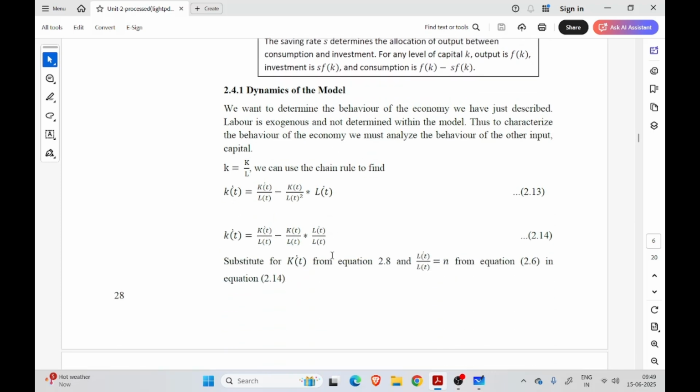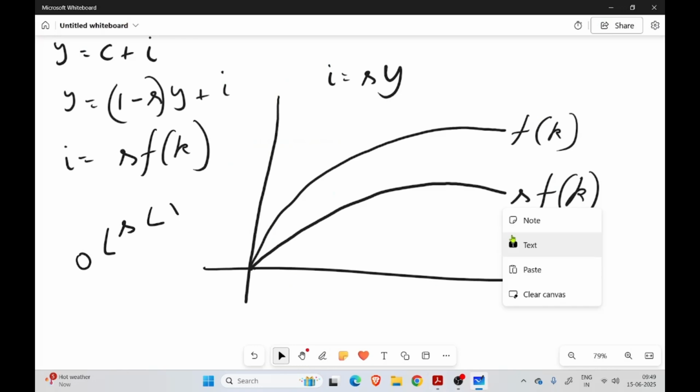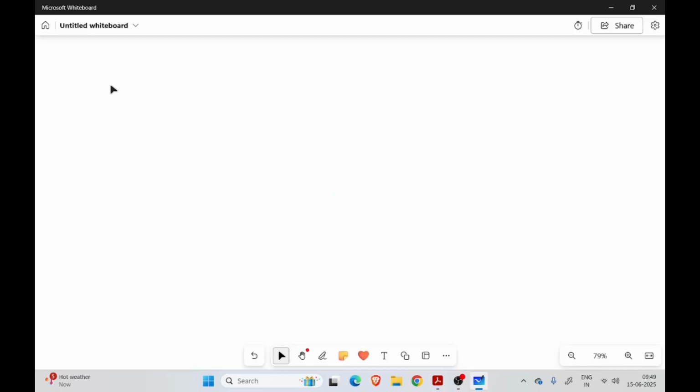Now let's look at the dynamics of the model to find the steady state growth path. We have k is equal to K by L. Sorry, this has to be the smaller k.